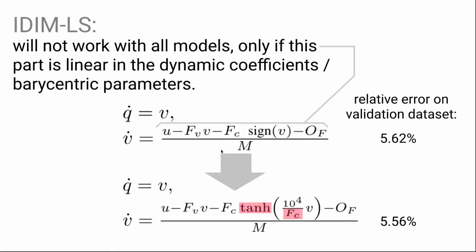This one will not work with all kinds of models, only if that part in the model is linear in the dynamic coefficients, the so-called dynamic coefficients or barycentric parameters. But we have changed the formula to achieve a bit lower relative error on their validation dataset. So we changed the friction part, and with the new formula the original method would not work.